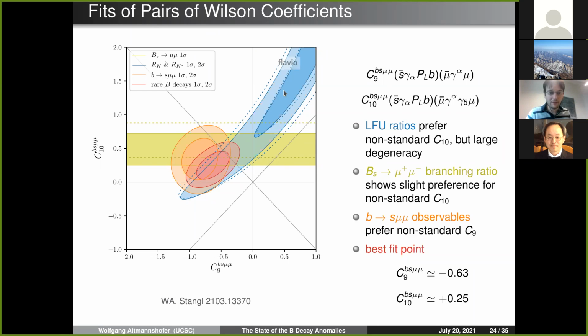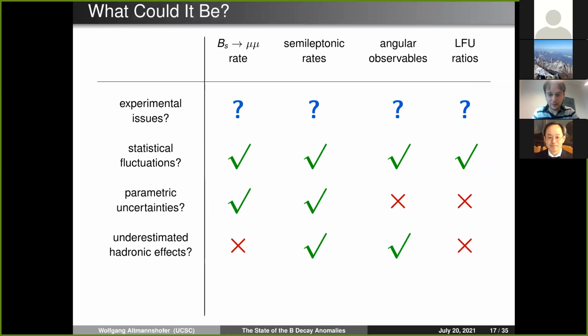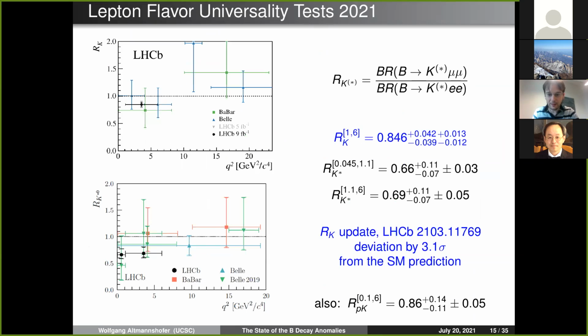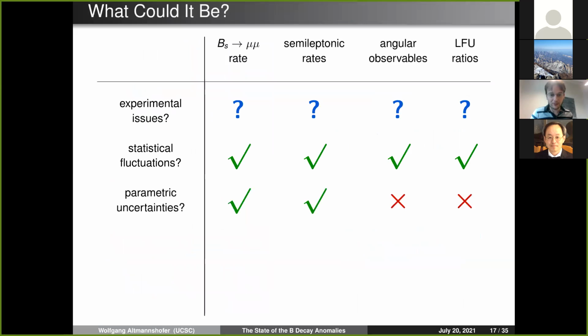I mean, the RK and RK star, they do prefer this region up there, and the main reason behind that is that if you look at the actual numbers, RK star is actually measured very low, around 0.66, 0.69, while RK is around 0.85. And this difference in those measurements prefers this region in the upper right corner of the plot.